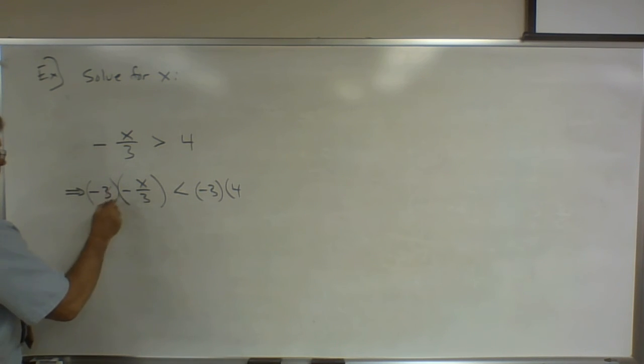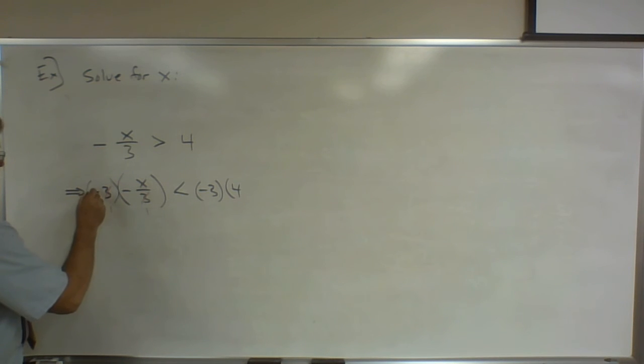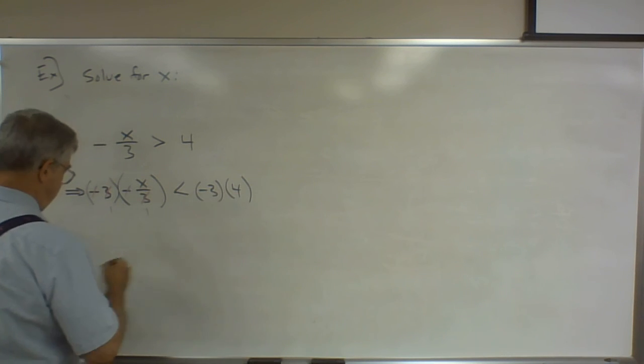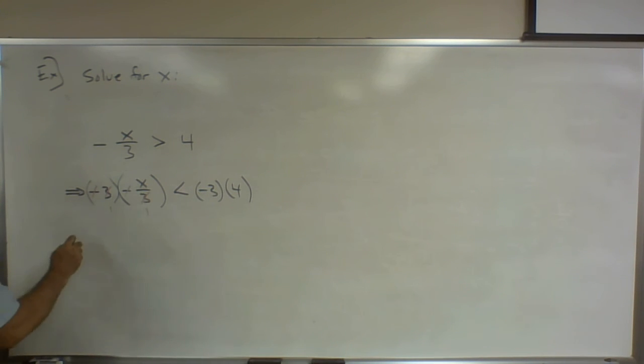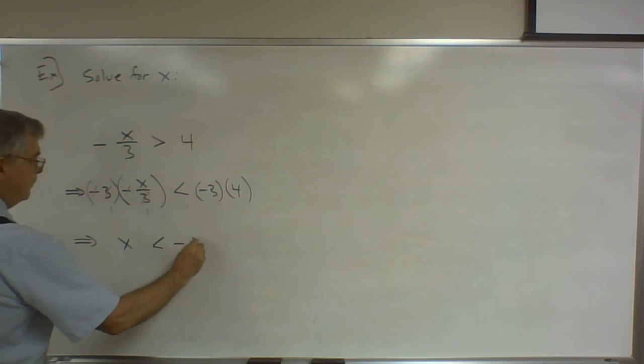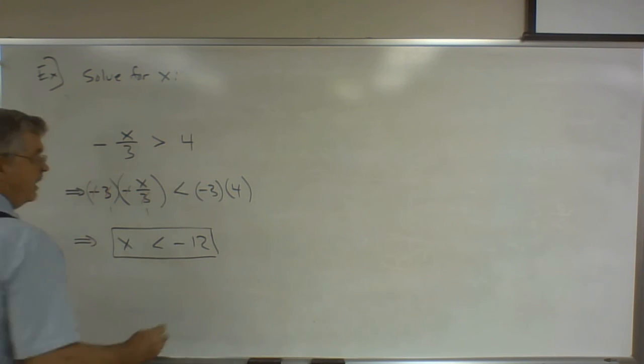And 3 divided by 3 is 1. Negative times negative is positive. So let's see. I have x less than -12. That's my solution.